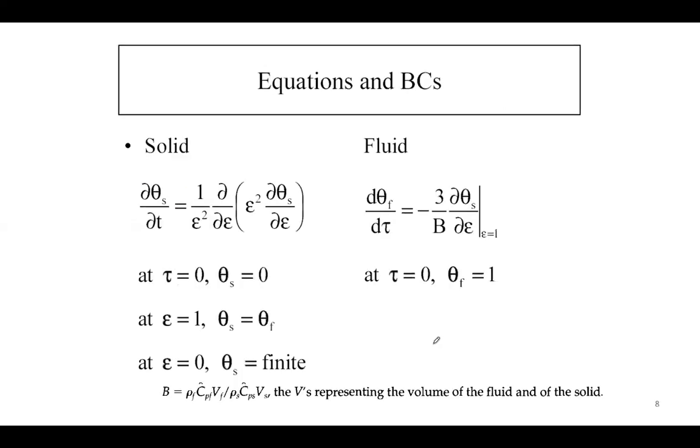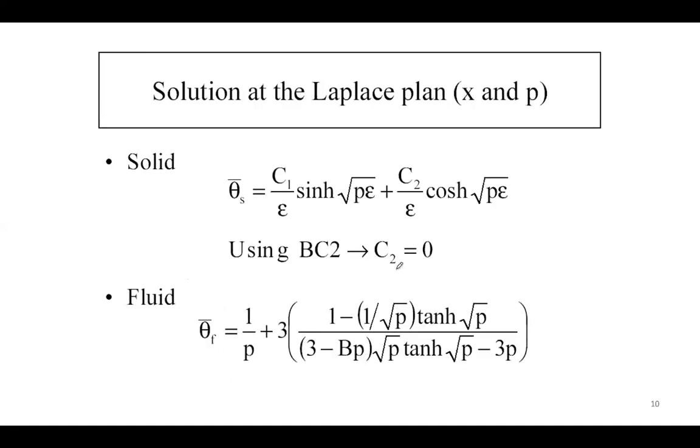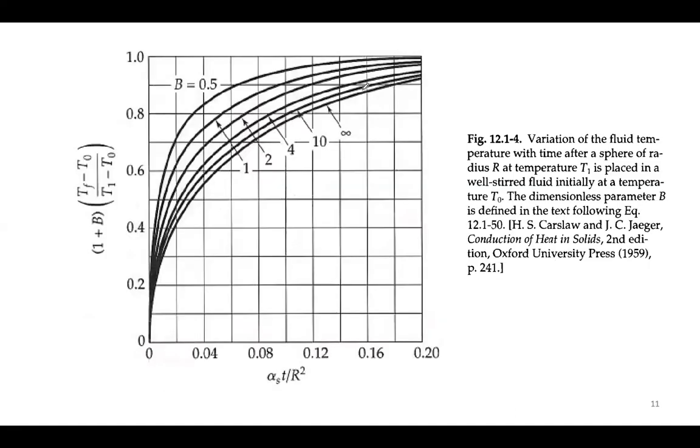And then you end up with an equation and boundary conditions. You can have a look later on. And anyway, the result would be something like this. So this shows the variation of fluid temperature with time of a sphere of radius at temperature T1 placed in well-stirred fluid. But anyway, this is a very old paper, conduction of heat in solids.